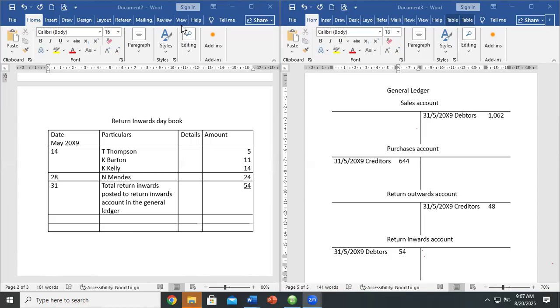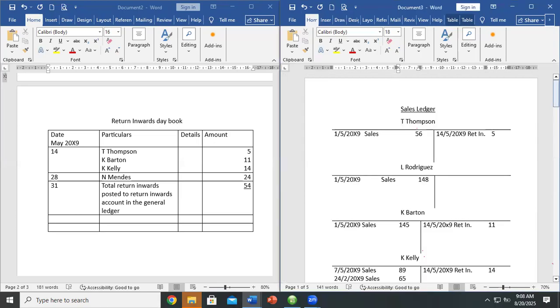Now, if the examiner is very friendly, he would ask you to balance off the accounts and extract a trial balance, which I think each and every one of you here can do, right? So you know, balancing of accounts, get a total, carry down, brought down, and you can extract your trial balance. But my main focus is for you to prepare the day books and post to the ledgers. And I think we have done justice to that. Please, any question?